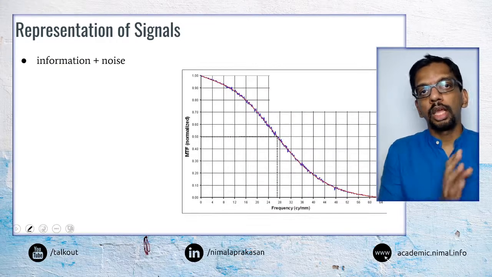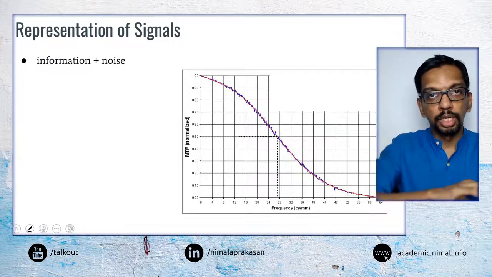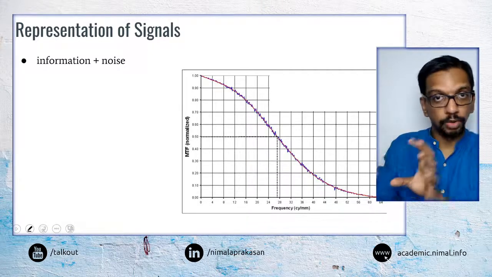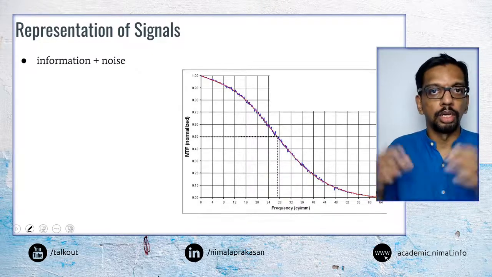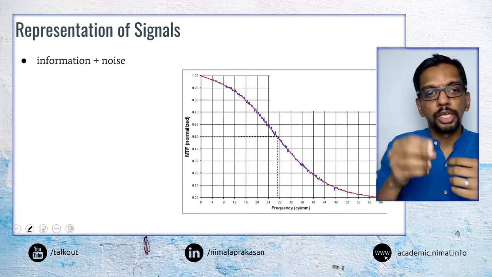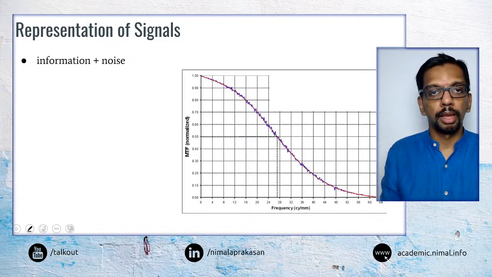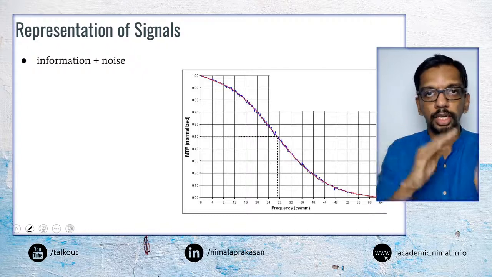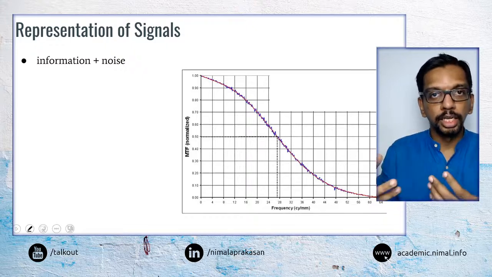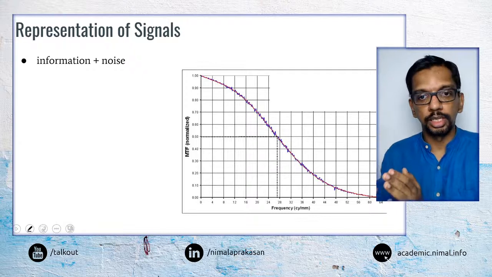Another thing we would come across when using signals, particularly when signals are being transmitted over a period of time, a length, or across different mediums, is a mix of information and noise as part of a signal. Say, for example, what we intend to send is a piece of information, but due to, for example, magnetic interference and so on, additional noise may be added to that signal.